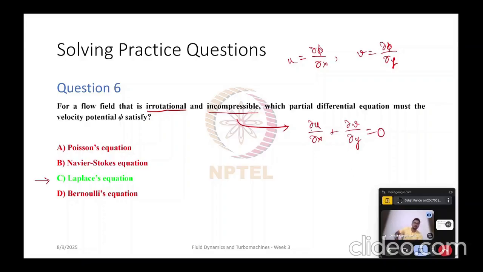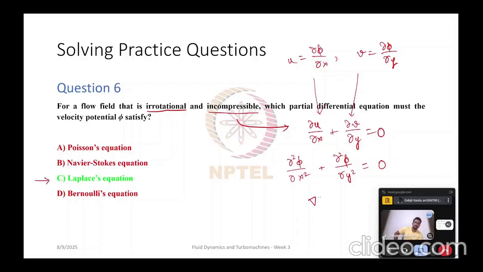So we plug that into this equation, and what we get is ∂²φ/∂x² + ∂²φ/∂y². This is in 2D. If this was 3D, then ∂²φ/∂z² would also exist. And the sum total of them is equal to 0.